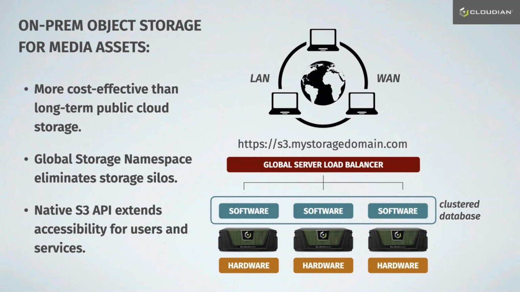So for storage admins, this means they don't have to manage multiple storage silos that you would typically accumulate with block and file storage, where you have data management issues. Where's my file? Where did I put that file? With Cloudian, you essentially have a single pane of glass for your scalable storage cluster.